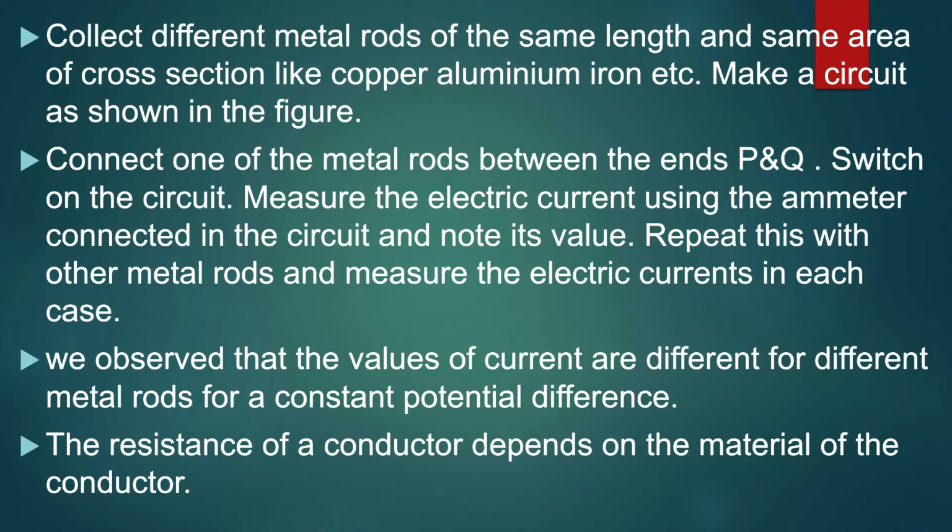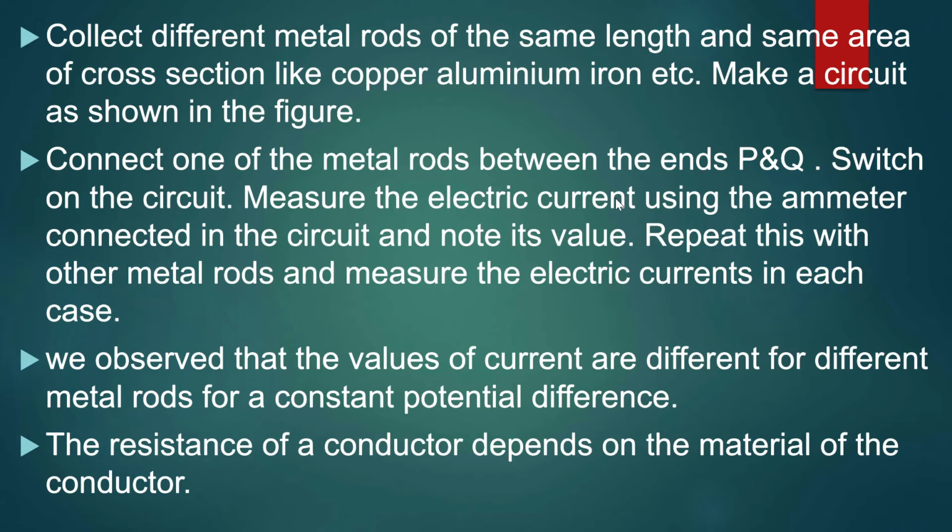Again, we'll just sum it up. Collect different metal rods of the same length and same area of cross section like copper, aluminium, iron, etc. Make a circuit as shown in the figure. Connect one of the metal rods between the ends P and Q. Switch on the circuit.